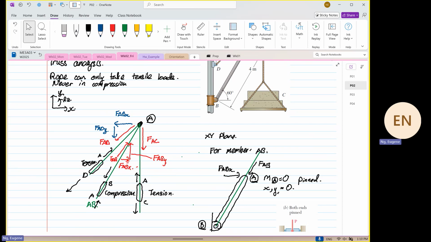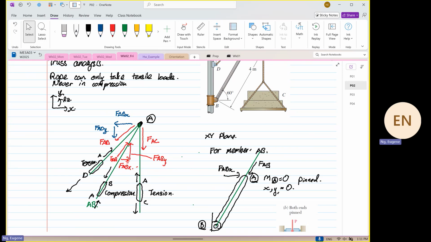What makes it pin at point A when we view the XY plane? Can you ask yourself, does the structure move? Repeat again. At point A now, when you view the structure, does it move left to right? Yes or no?